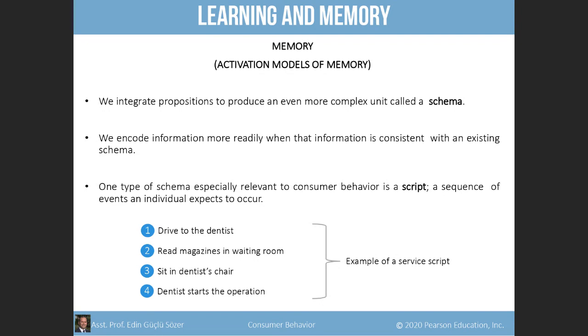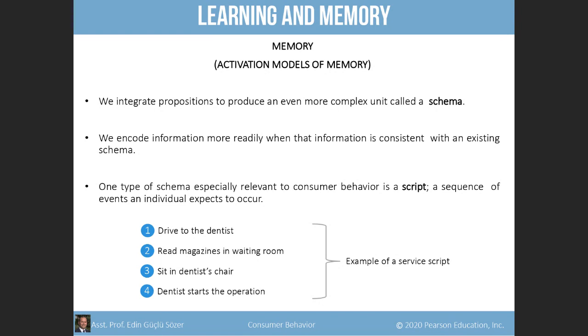And when we have the schema of dentist, we create in our memory a script which is related with this schema. A script tells us how to make a consumption or how to behave in the consumption setting. So, for example, a script of service from dentist is the following.